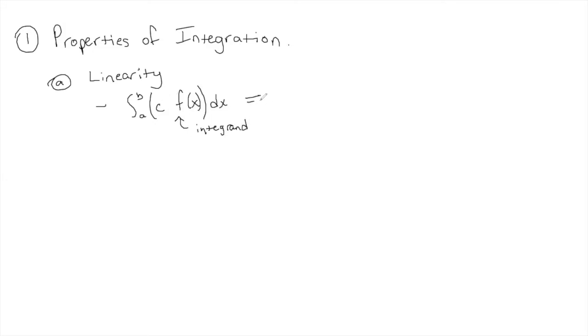Then I can pull the constant out from the integral. That means I can pull c outside: c times the integral from a to b of f of x with respect to x. So basically, anything which doesn't have to do with x can be pulled outside the integral, just like in a sum, anything that doesn't have to do with i can be pulled outside the sum.